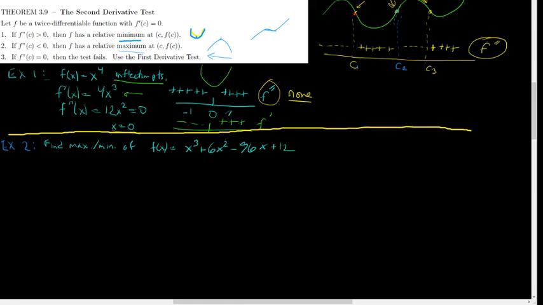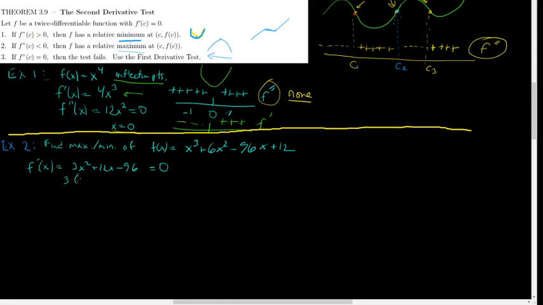Right? So how do you find the relative extrema, the maximum, minimum? As always, critical numbers. So we need the first derivative, which is 3x squared plus 12x minus 96. So the only critical numbers here are where the derivative equals 0.